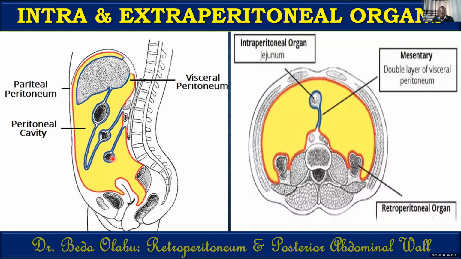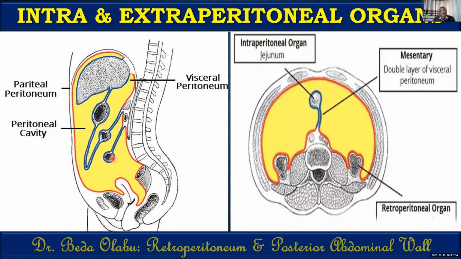Therefore, we can name some of the intraperitoneal organs. You most likely have already done them: stomach, transverse colon, jejunum, ileum, and the like. They are intraperitoneal because they are fully covered by visceral peritoneum, and indeed, that visceral peritoneum forms a double layer of itself, which we call the mesentery, that suspends those organs.